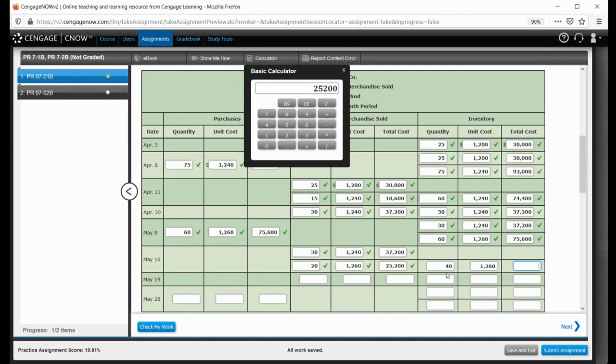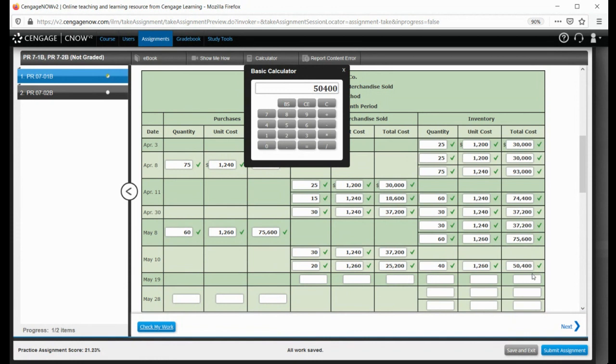And we would multiply 40 times 1260, and that will give you 50,400. This is the amount that we have left over in our ending inventory.